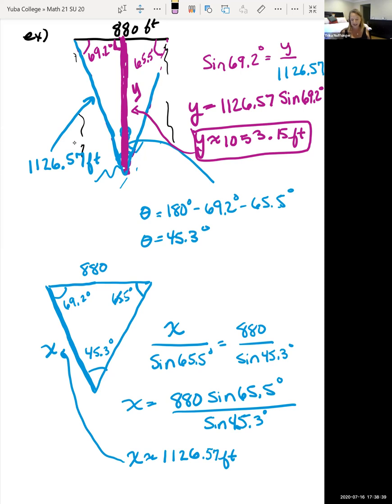So that height of the highest bridge, according to the Book of World Records, this could have been outdated, who knows, is 1,053 feet, 0.15 feet.